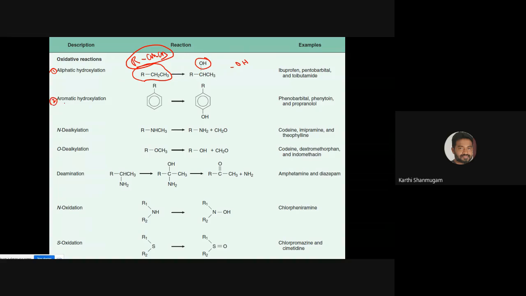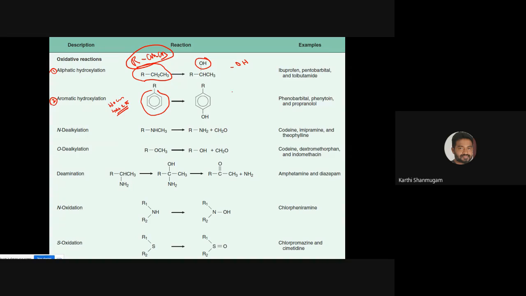The second reaction is aromatic hydroxylation. The parent molecule has an aromatic ring system. How do we say whether it is aromatic or aliphatic? There is a rule called Huckel's rule: 4n plus 2 pi electrons. If any system has 4n plus 2 pi electrons, then we can say that system is an example of an aromatic system.